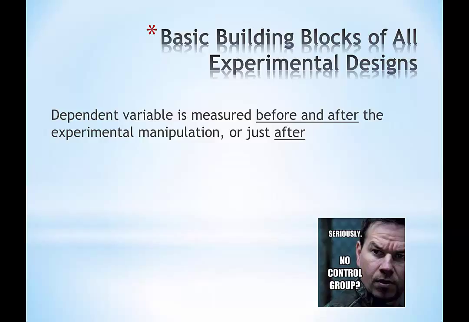Either the dependent variable is measured before and after the experimental manipulation or just after. In fact, we've just gone over that in the prior slide, and I gave you these examples of pre-test, post-test, and post-test only. And so one of the things about experiments you need to know is the DV measured before and after or just after. So that's one of the four basics.